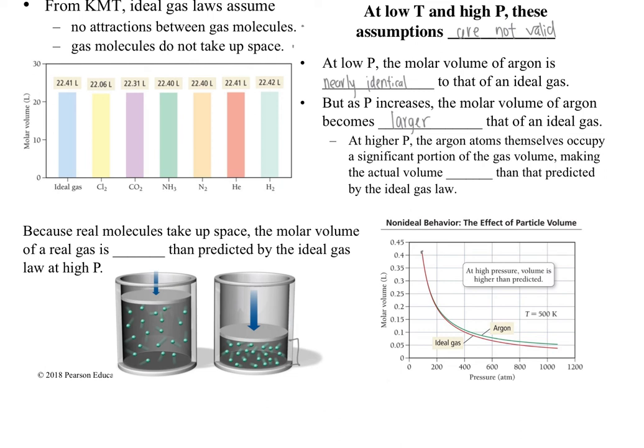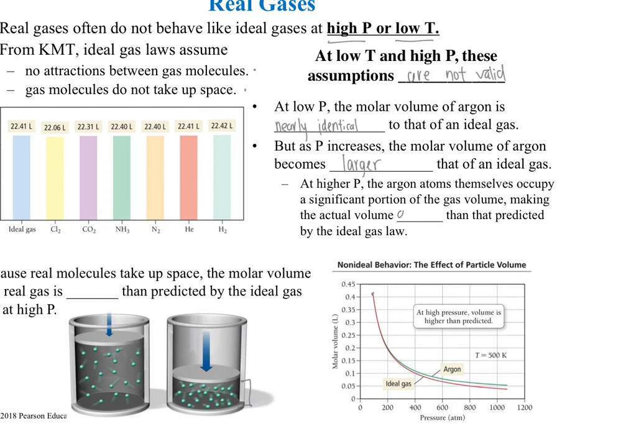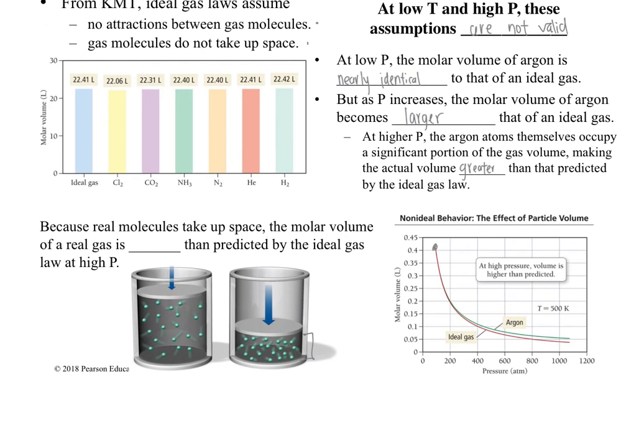That makes their volume larger than when they were under ideal conditions at low pressures. So any real gas's molar volume is going to be larger than under ideal gas conditions. We can see that here as well, ideal gas versus these other gases.